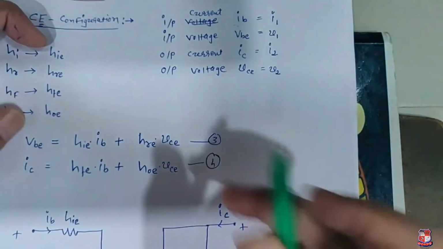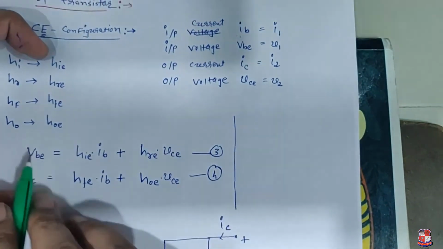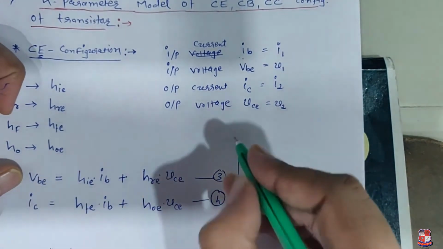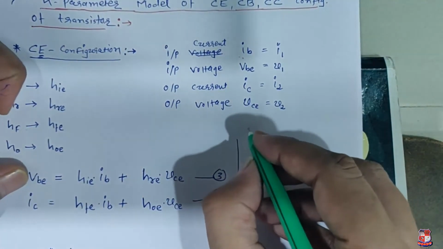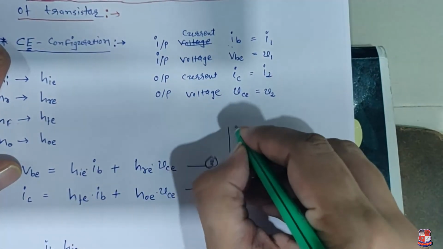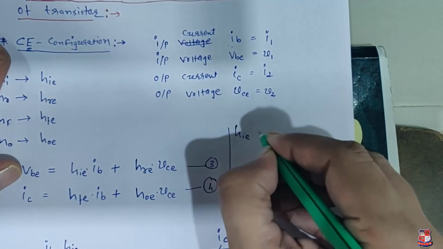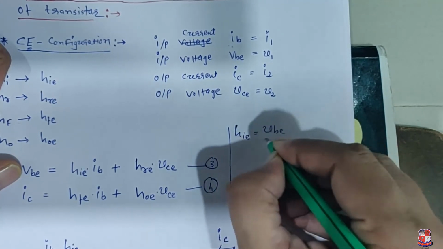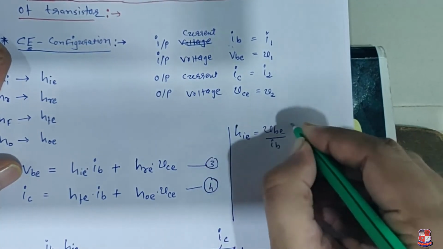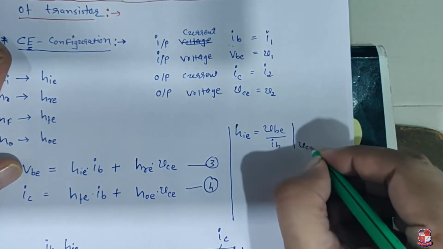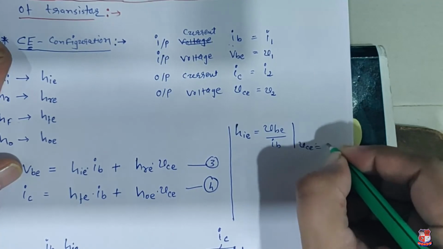Now one more thing we have to study, that we can represent the value of all these 4 parameters as we have derived in 2-port network. So it is very easy that HIE can be represented by VBE upon IB, where VCE equals to 0.